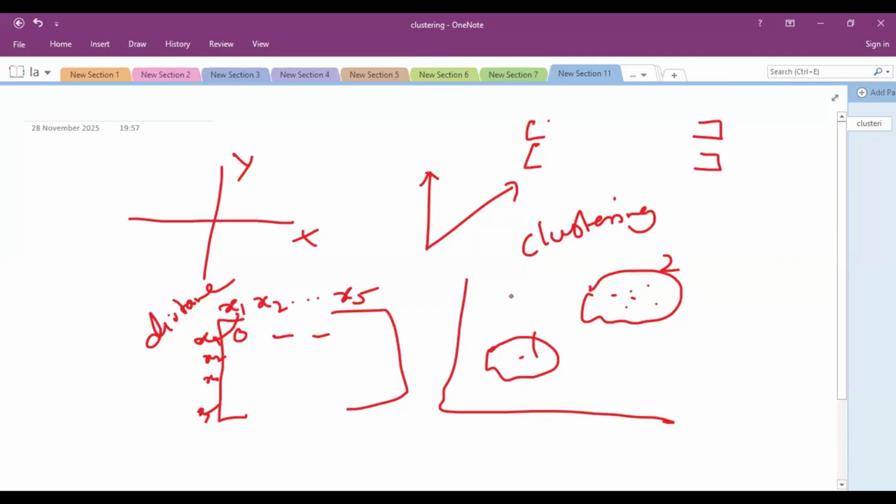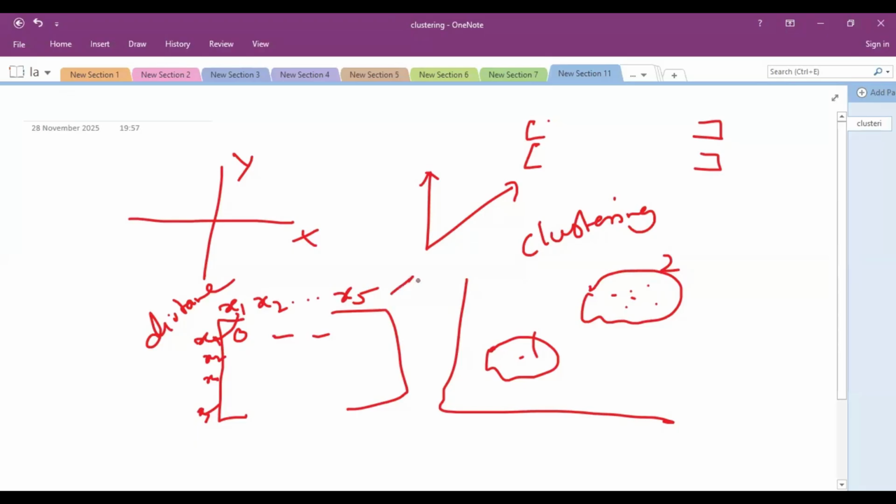This is also called unsupervised learning, where we try to find out how these points are close to each other, and the data gives us some information about why these points are close to each other. Is there some other property, some other characteristics, and so on.